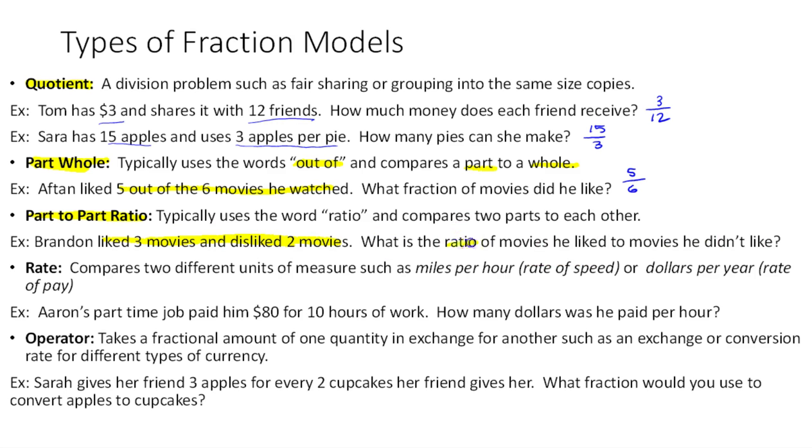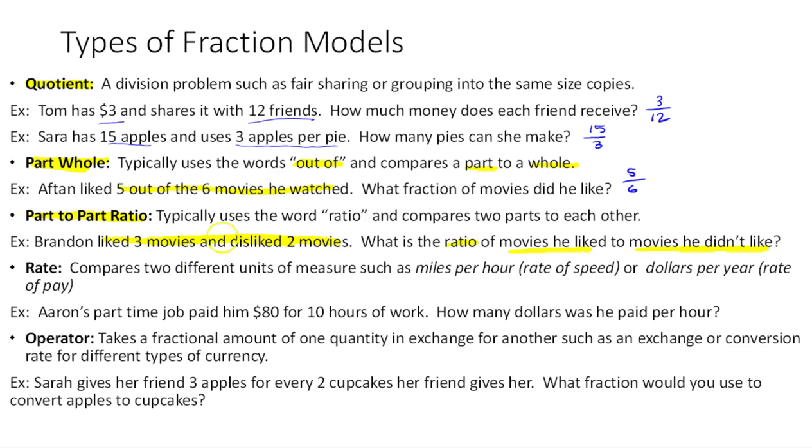So notice it said, what is the ratio of, you start with the movies he liked, to, and that's the word that separates the two components you're comparing, movies he didn't like. So unlike the last one, when we had a total of 6 movies, that was the whole. Here we're breaking the whole into pieces, sometimes 2 pieces, sometimes we could divide them into more.